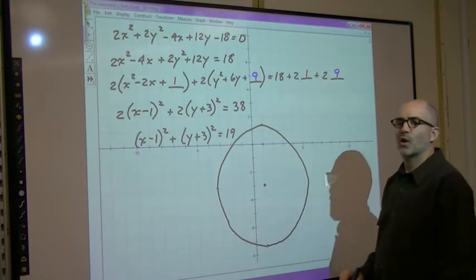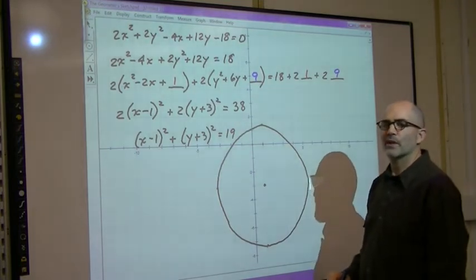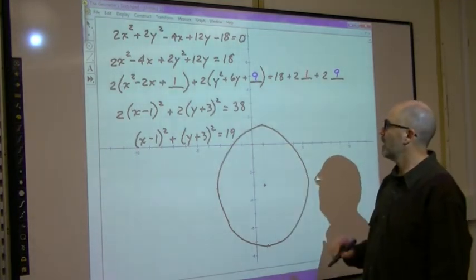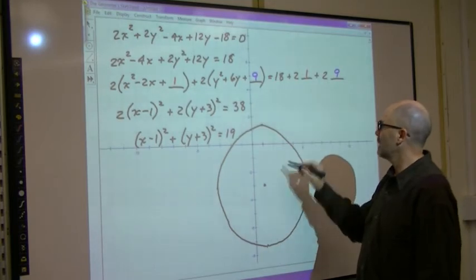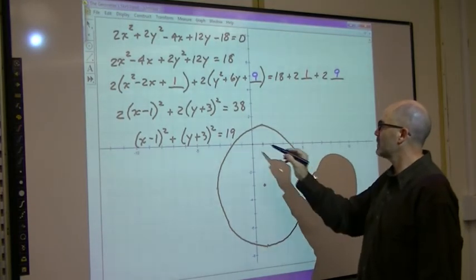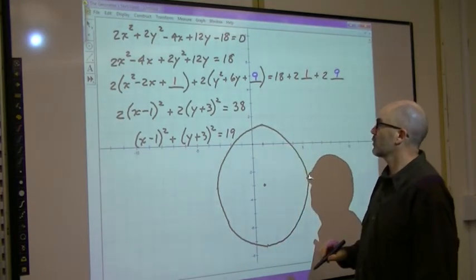We'll see how well you guys can draw circles when we get done with this. But there's our circle, radius square root of 19, center (1, −3).